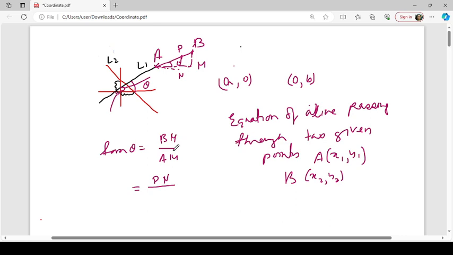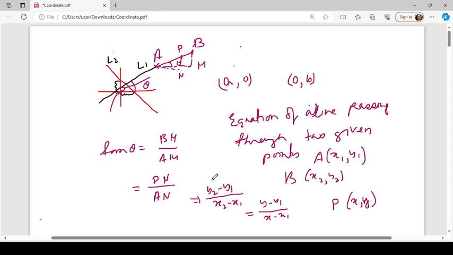So BM by AM is y2 minus y1 by x2 minus x1, and P has coordinate x, y, so PN is y minus y1 and AN is x minus x1.